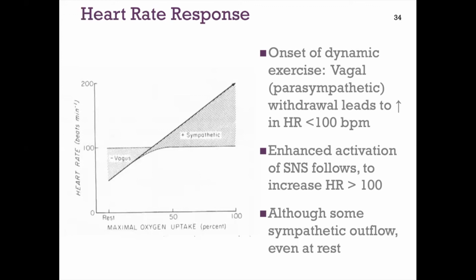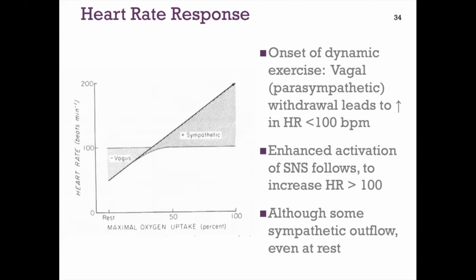So remember, our SA node, our sinoatrial node, intrinsically will beat at around 90 to 100 beats per minute. But we have hormones through our endocrine system that will downregulate that, and this also happens through our vagus nerve. So our normal heart rate, which is trying to be at 90 to 100 beats per minute, has a dampener on it through the parasympathetic nervous system, so that we're not always beating at 100 beats per minute.